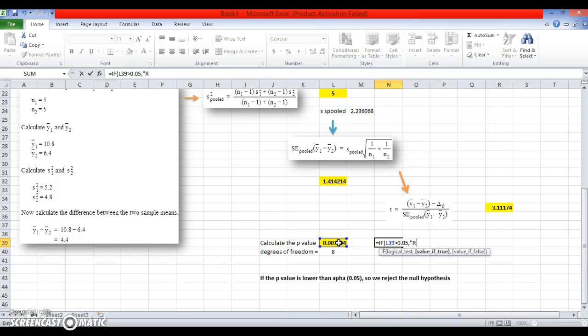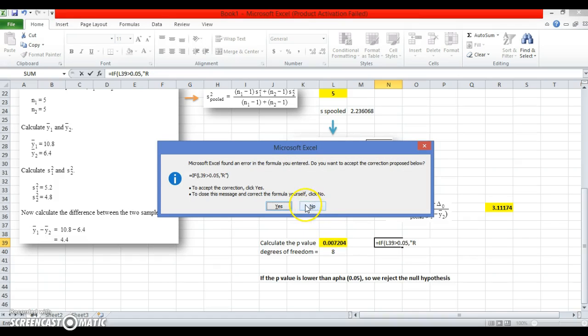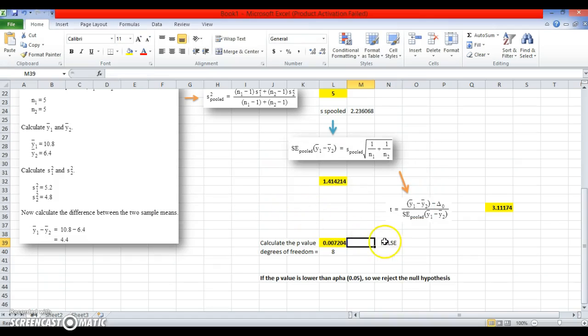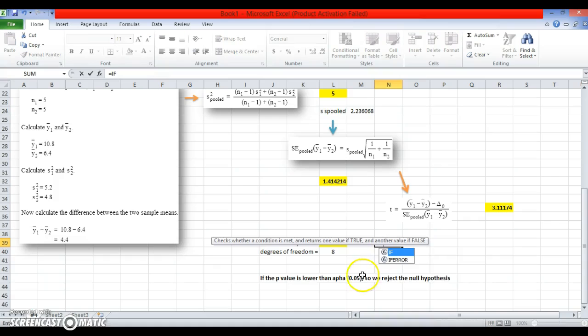Actually, we'll do it this way. We're going to fix this a little bit.